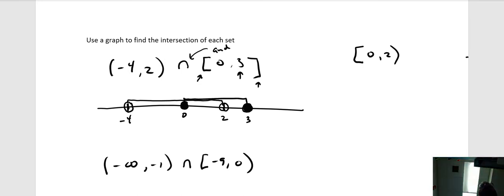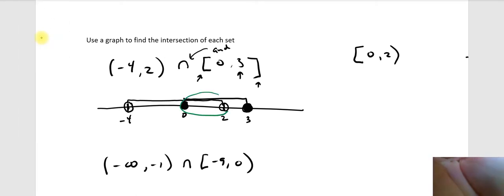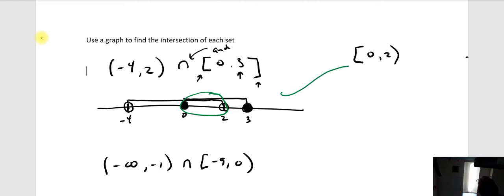Boom. So the region where everything is shaded is this stuff right here. And that's from 0 to 2, including the 0 but not including the 2. And that's already written right here, so I'm just going to call that done.